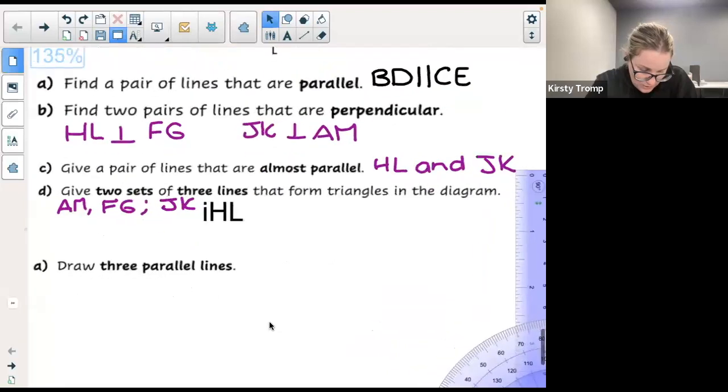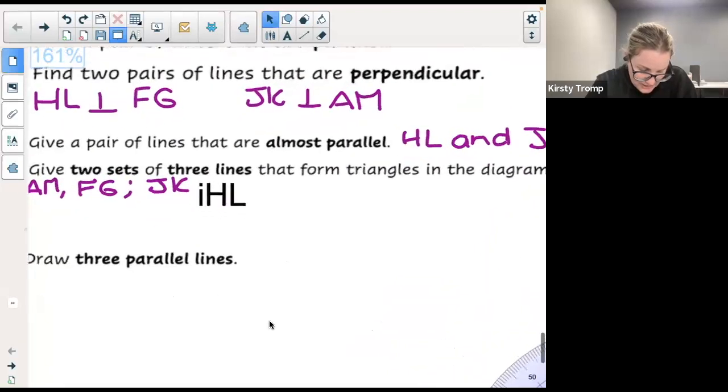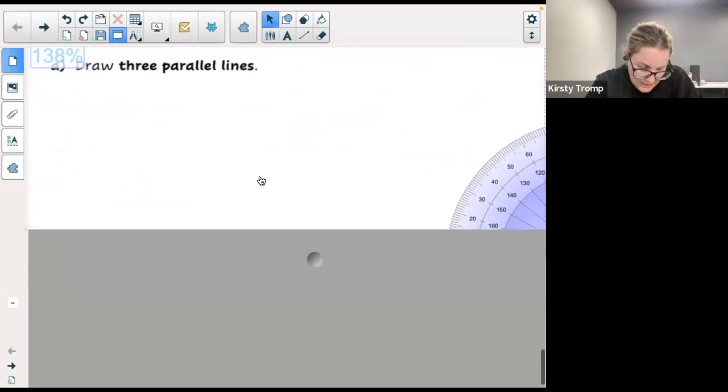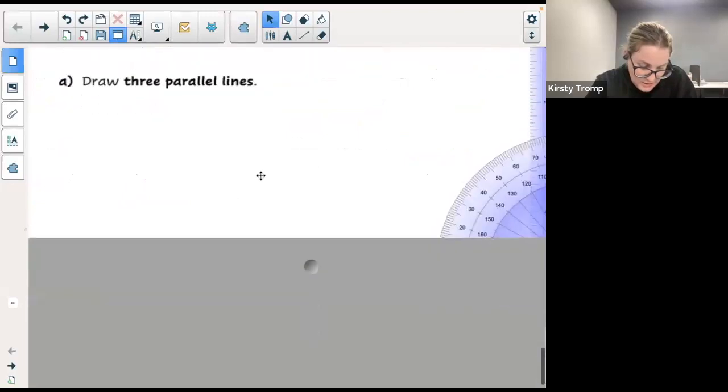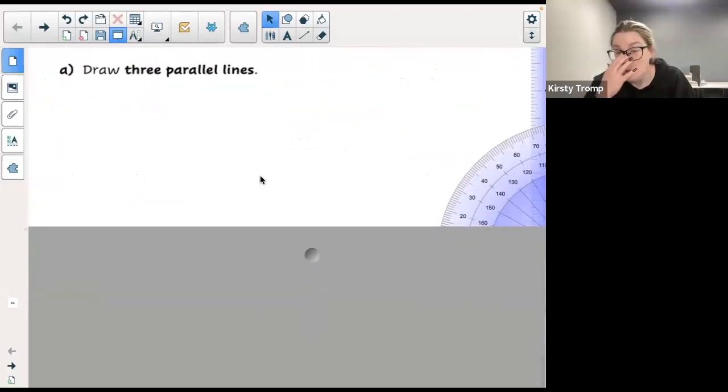All right, draw me 3 pairs of parallel lines. I want you guys to give it a try first, and then I'm going to show you how to do it so that you get the right answer every time.